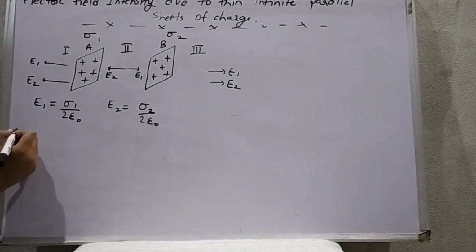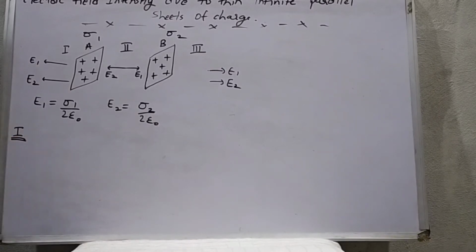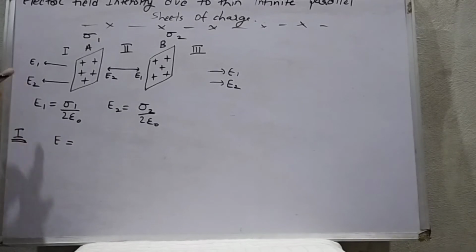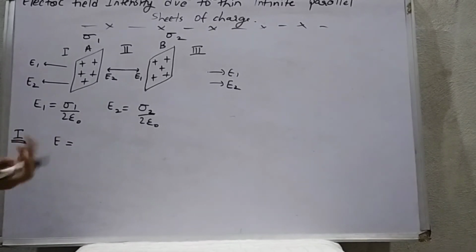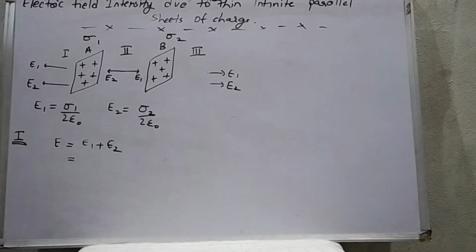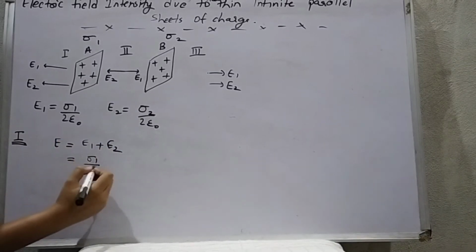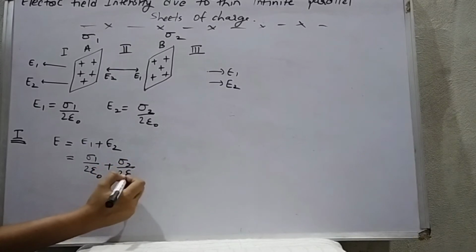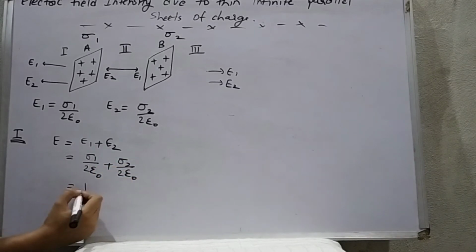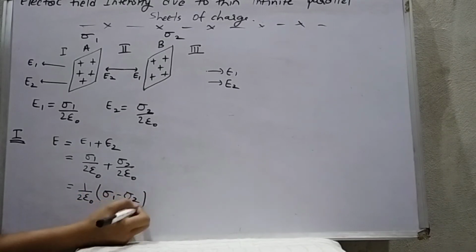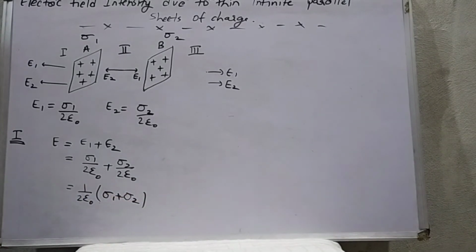Now at the first surface, the total electric field, since both are in the same direction, we add them: E1 plus E2, sigma 1 upon 2 epsilon naught plus sigma 2 upon 2 epsilon naught. Here it comes to 1 upon 2 epsilon naught times (sigma 1 plus sigma 2).